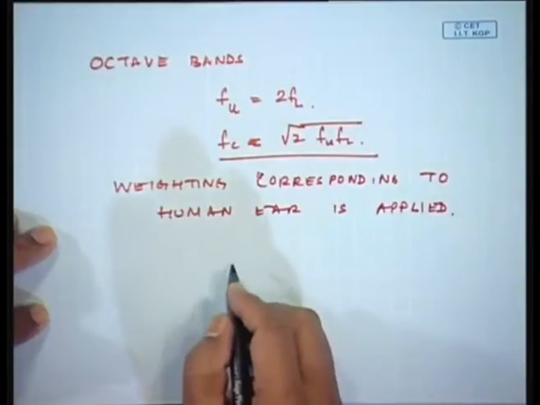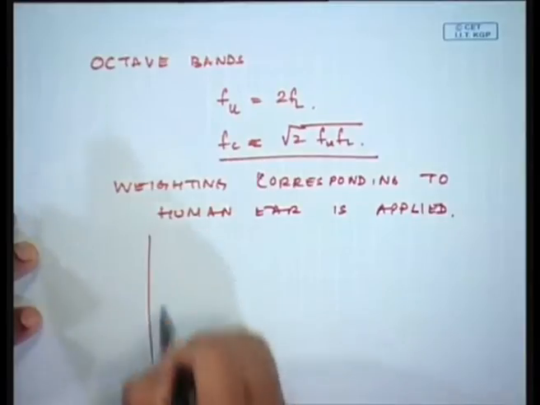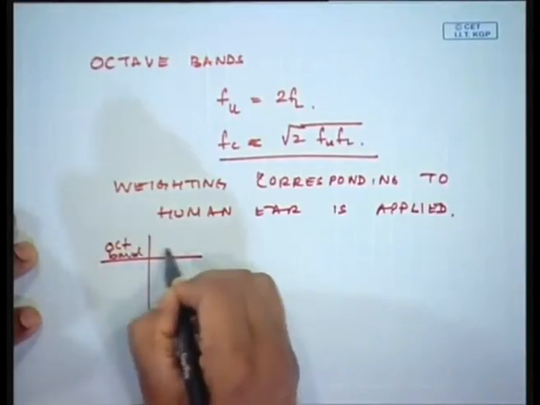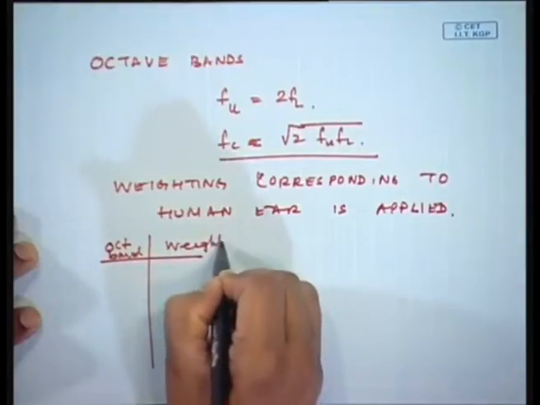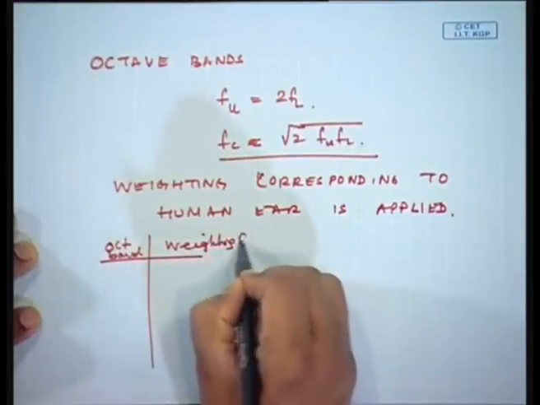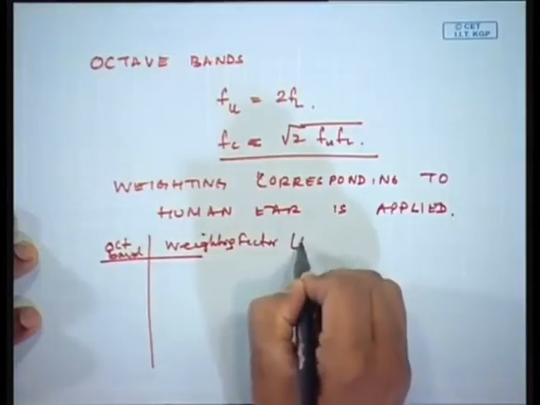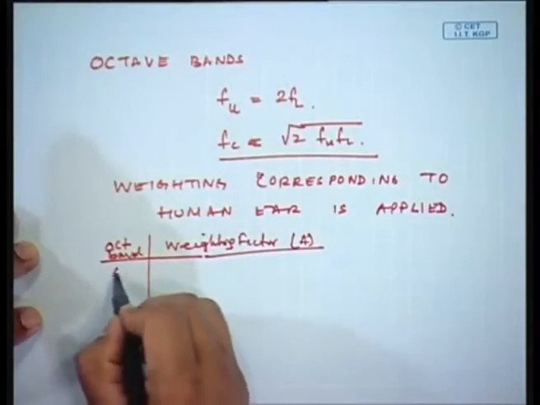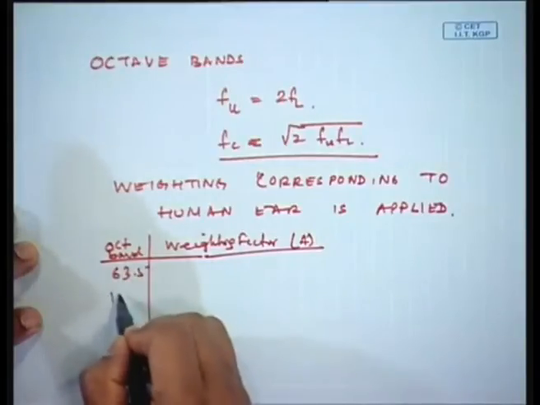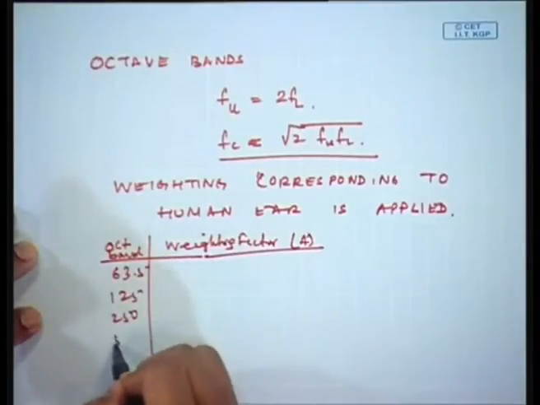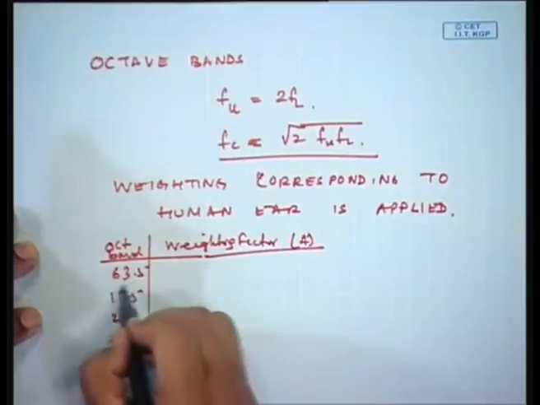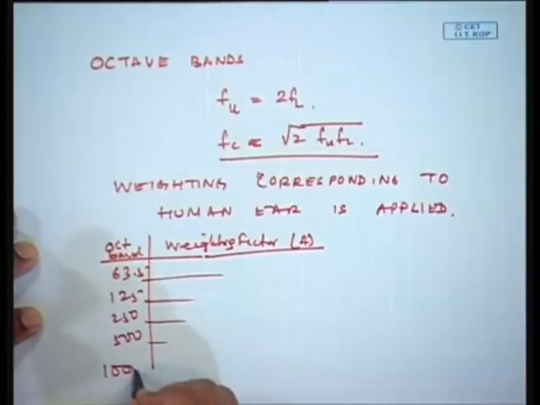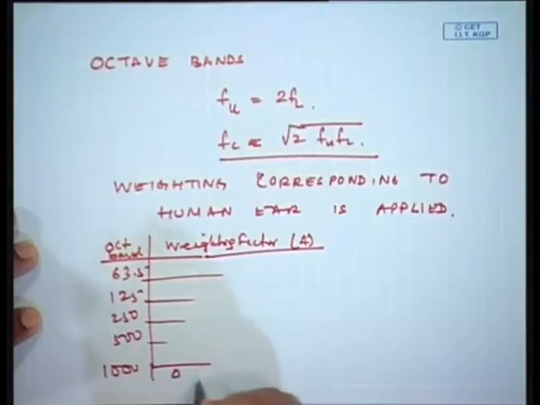Okay, if you go into the handbooks, you will see for every octave band the weighting factor, and this is known as the A weighting factor. Okay, so 63.5, 125, 250, 500, etc. For all these octave bands, you will see what the weighting factor is, but for 1000 hertz, this is about 0 and so on.